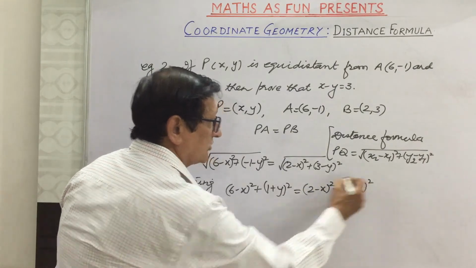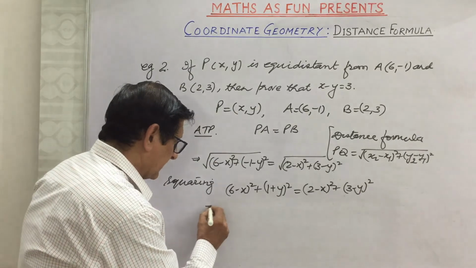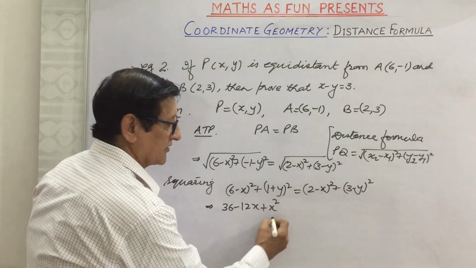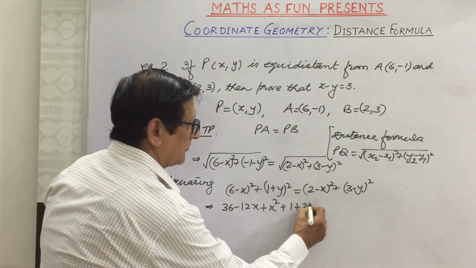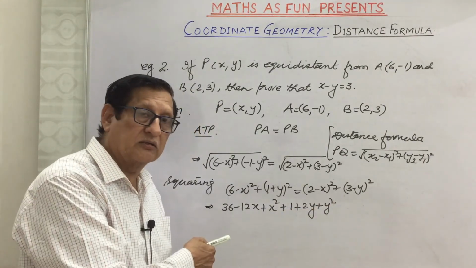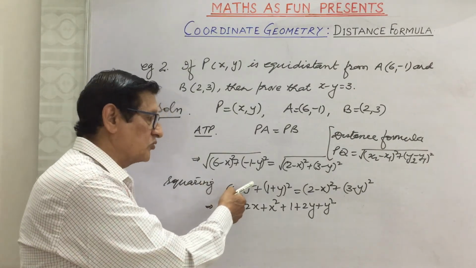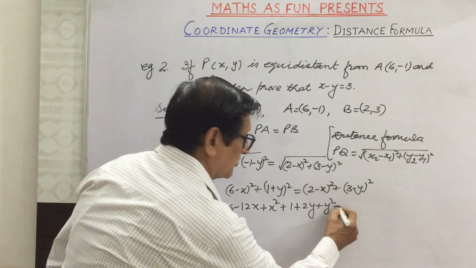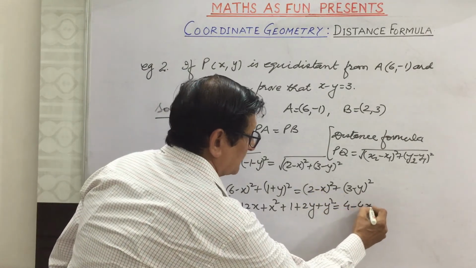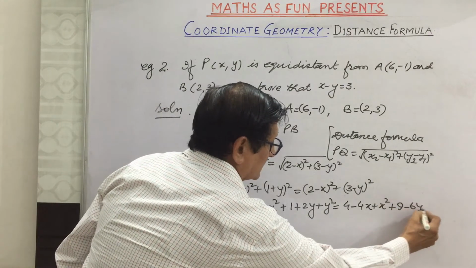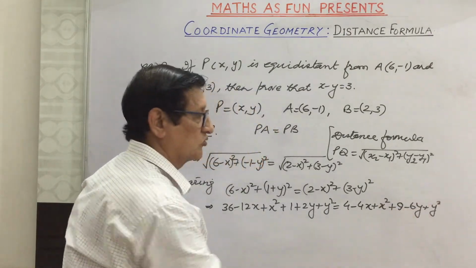Simplifying this, we get 36 minus 12x plus x square plus 1 plus 2y plus y square, applying the identities of (a minus b) square and (a plus b) square, equal to 4 minus 4x plus x square plus 9 minus 6y plus y square.